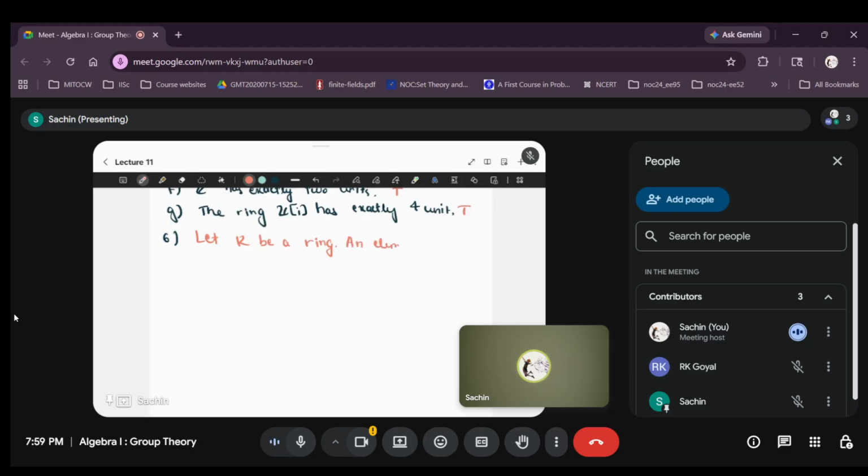An element x of R is called nilpotent if x power n equals 0 for some natural number n, or some positive integer n, because some people consider 0 also as a natural number. We'll simply write positive integer to avoid confusion. So for some positive integer n, x power n is 0. If that is true, then x is called a nilpotent element of the ring.